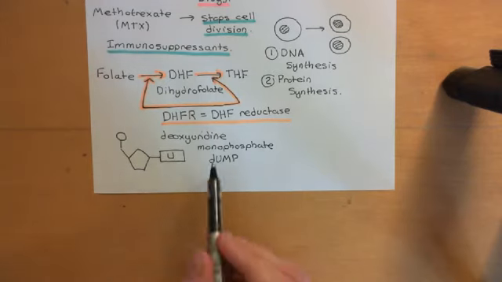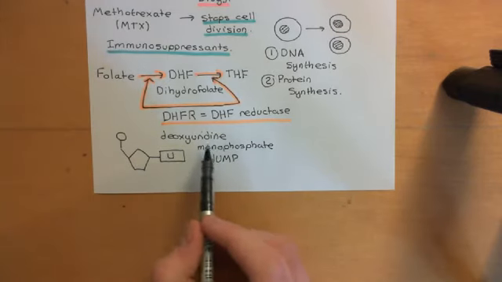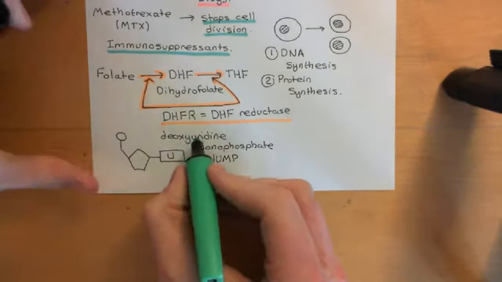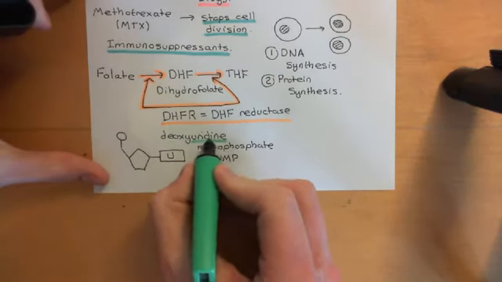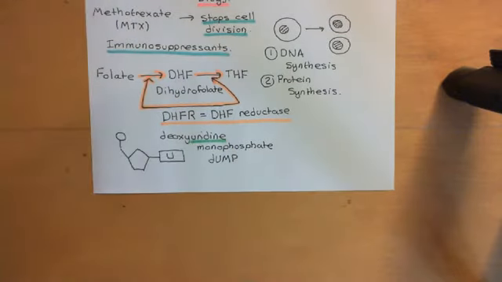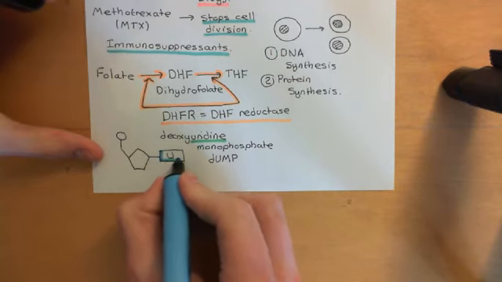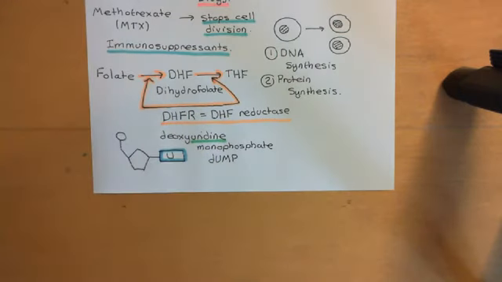So let's talk through what this name actually means. Uridine means a ribose sugar with uracil bound to it. So the organic base uracil, which is used in mRNA. Here is uracil.